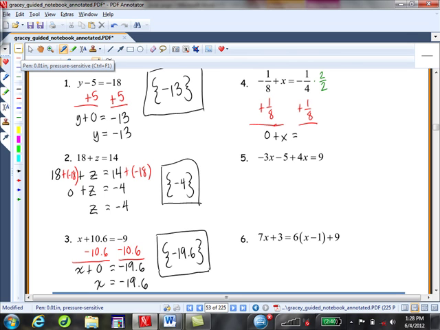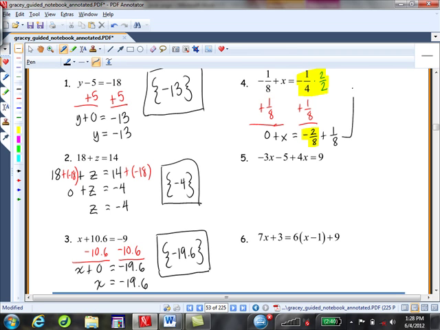So now what we will get is negative 2/8 plus 1/8. So I'm going to move to horizontal right now. So this here became the negative 2/8.